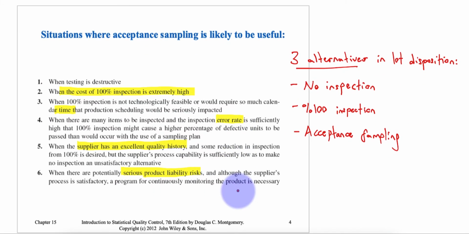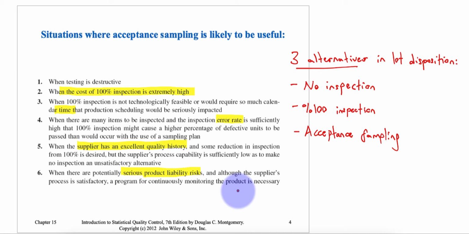There are 3 alternatives for lot disposition. We can make no inspection, then accept all lots or reject all lots. The second alternative, we can make 100% inspection.